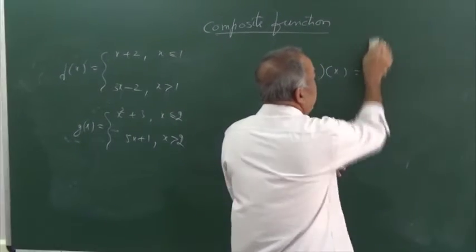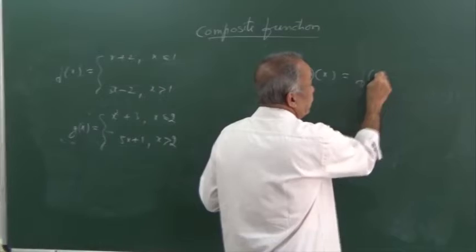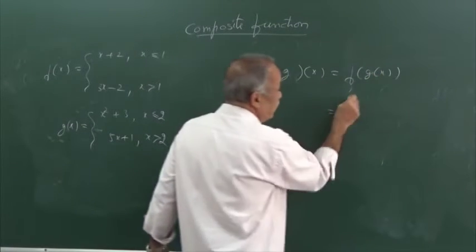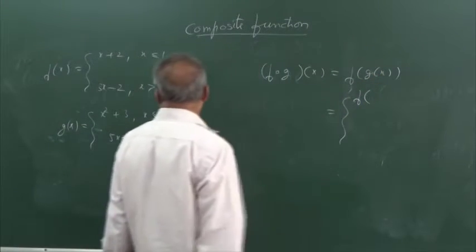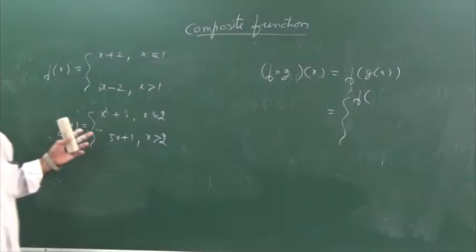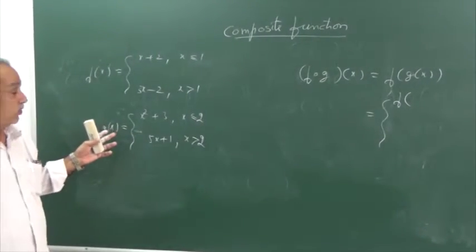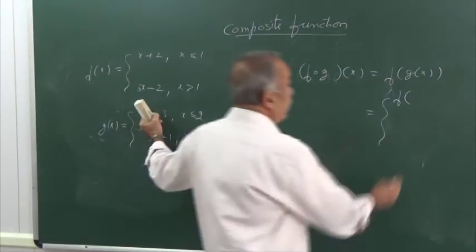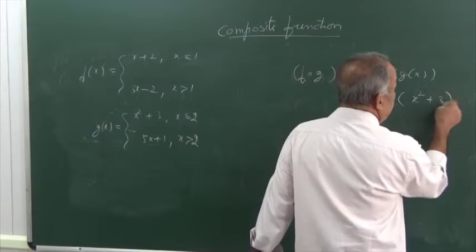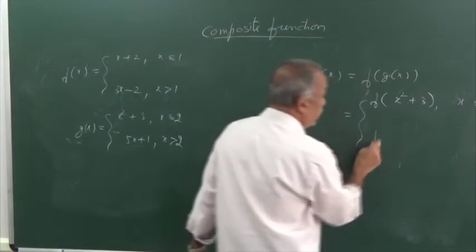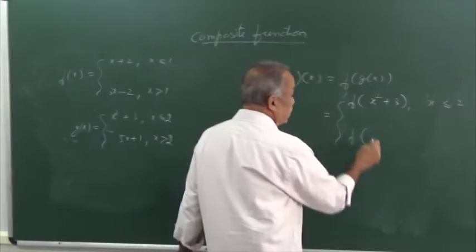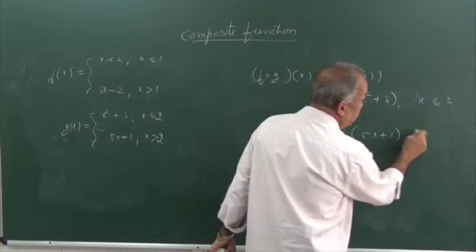According to definition, it is simply f of g of x. But what is g of x? G of x is defined by different formulae for different sets of values of x. It is x square plus 3 for x less than or equal to 2, and it is 5x plus 1 for x greater than 2.